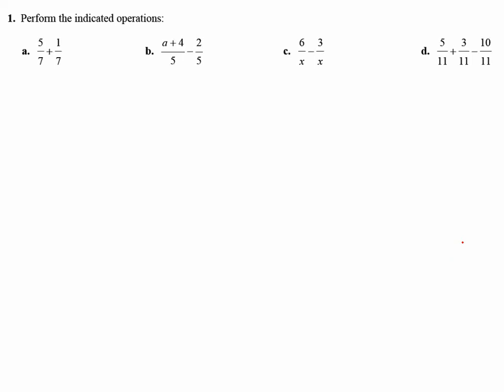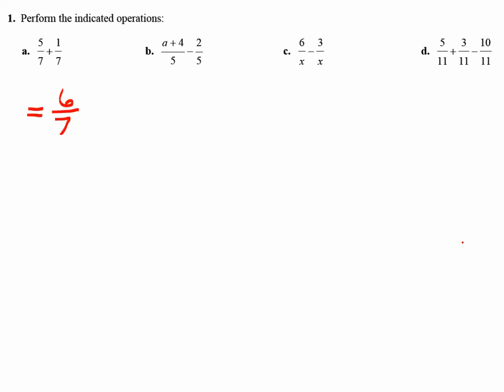All right, let's go with this one here. Notice on the bottom, all the denominators are the same. So these already have common denominators. No need to do that, but let's just add them up. So 5/7 plus 1/7 gives us 6/7. All we do is the addition or subtraction with only the numerators.